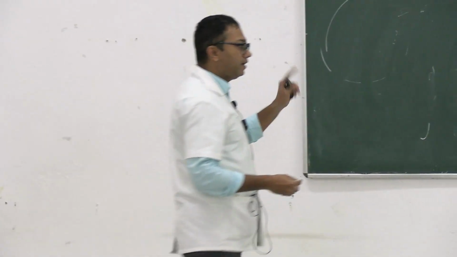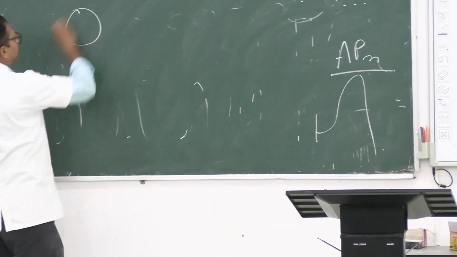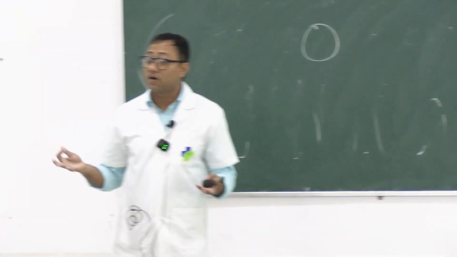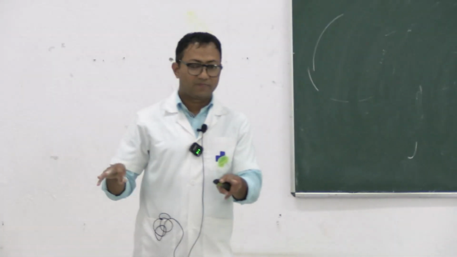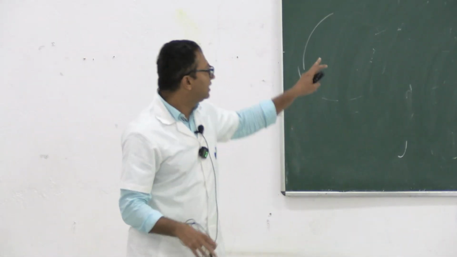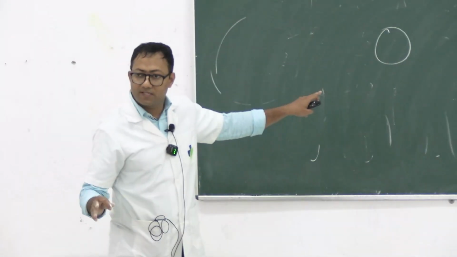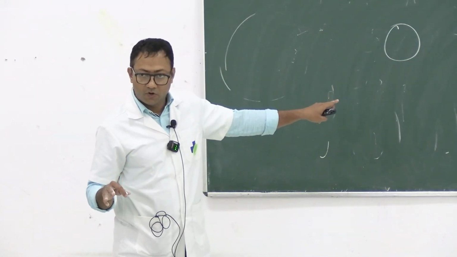So एक सेल में एक्शन पोटेंशियल हो गया, इसका मतलब this cell is now what? Depolarized, okay. So एक सेल में एक्शन पोटेंशियल जनरेट हुआ, that means the cell is now depolarized, okay.